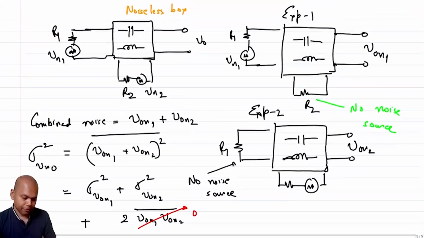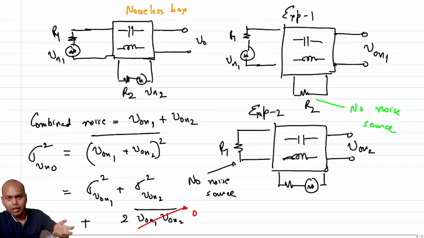The key takeaway is I can effectively do the noise analysis in the power domain, because for noise I'm doing squaring, so essentially I'm working in the power domain. So I can use the superposition principle in the power domain as well when I am considering noise from different sources.